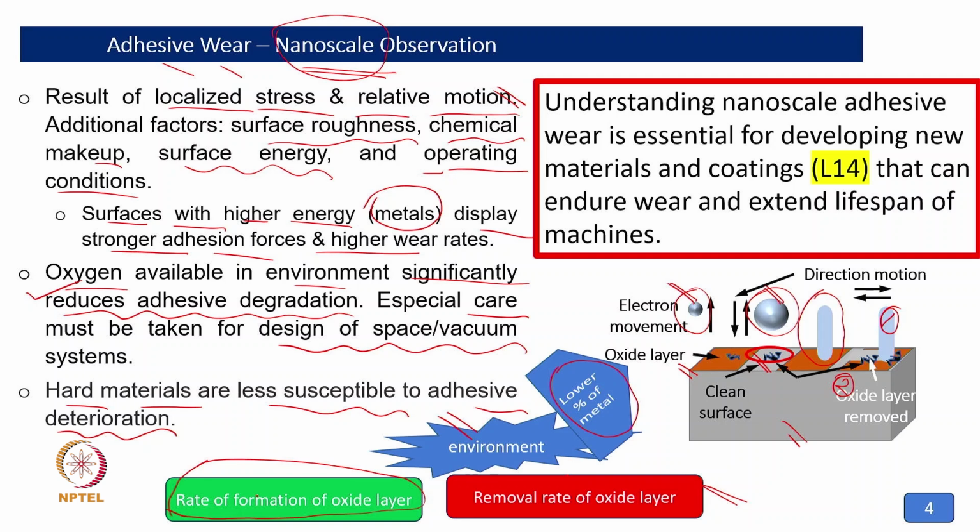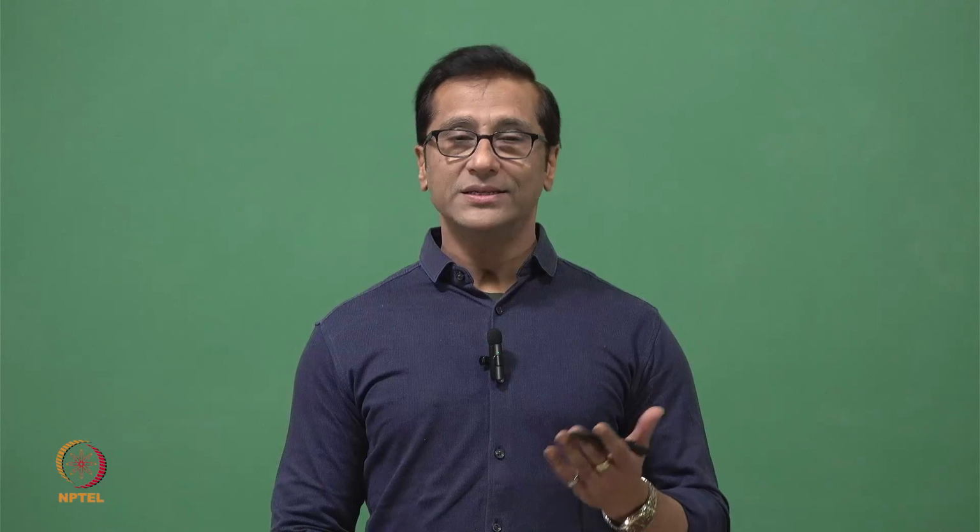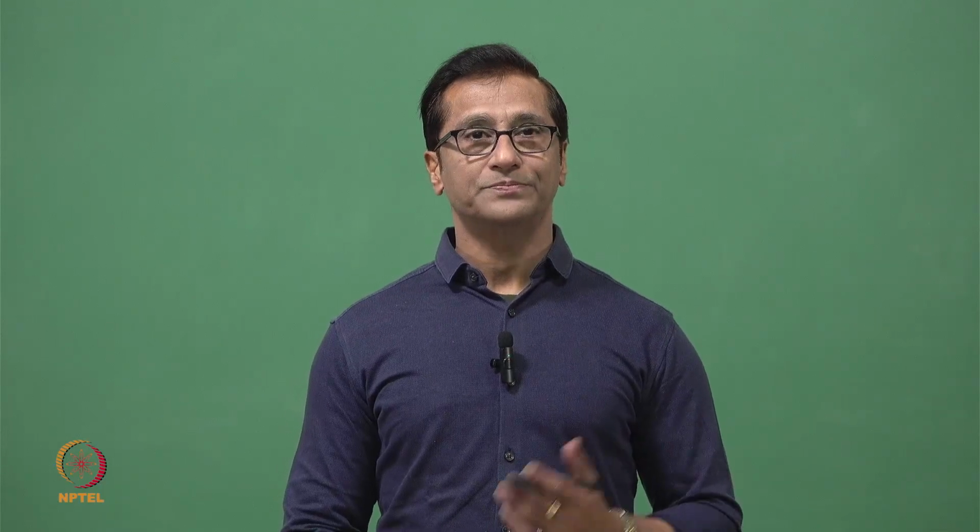If the rate of formation of the oxide layer is higher compared to the removal rate, naturally adhesion will be lesser. If the rate of formation of the oxide layer is lesser and removal is much faster, naturally adhesion will occur. So these are important aspects, and we need to think about appropriate treatment when we are trying to utilize metals or materials for product design.